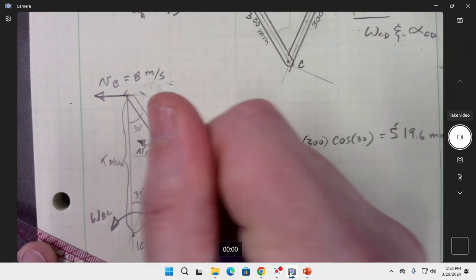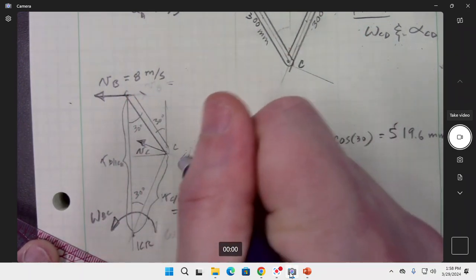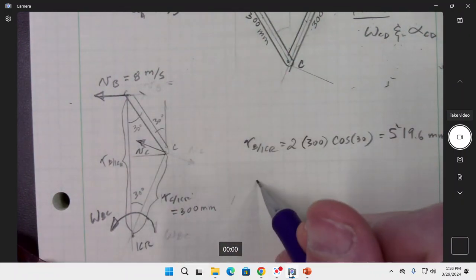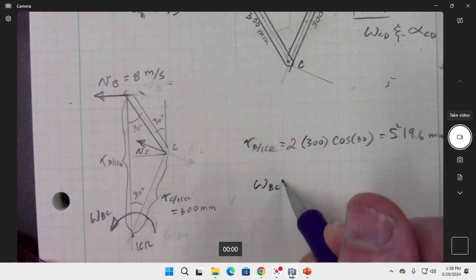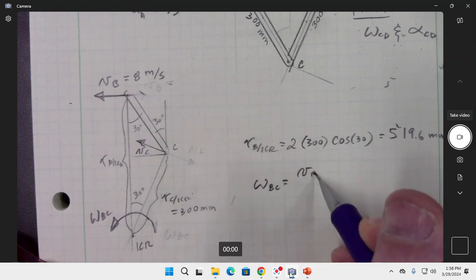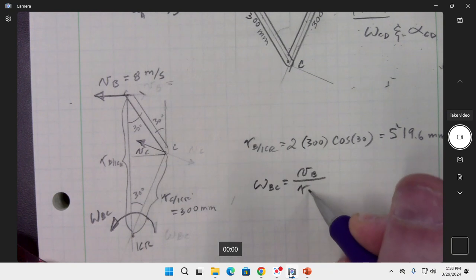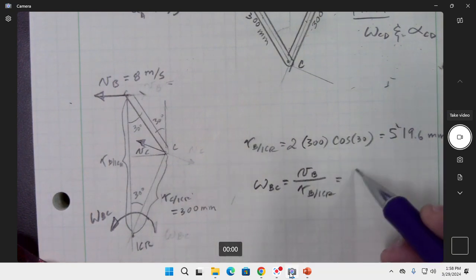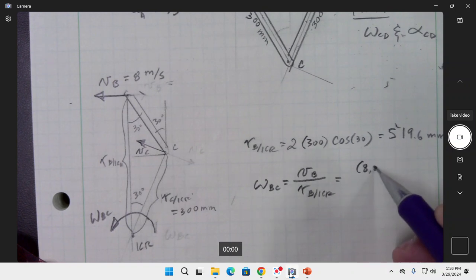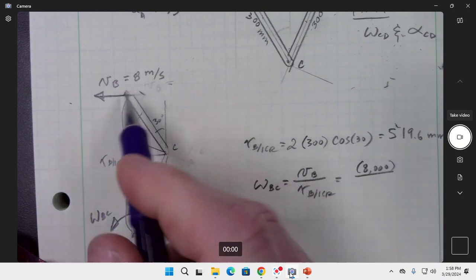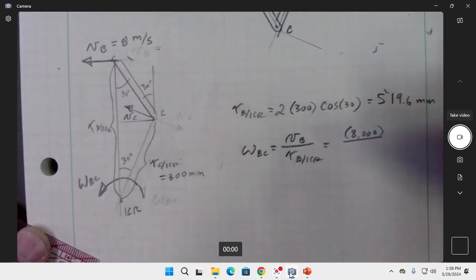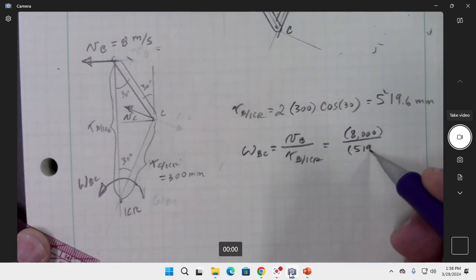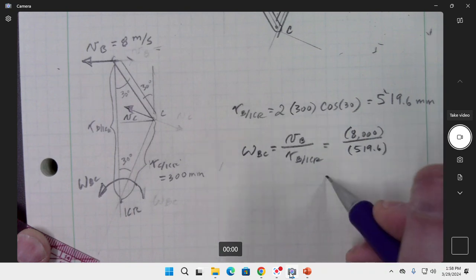This is your VC. So anyway, we'd have omega BC equal to VB divided by RB with respect to ICR. 8 times 1,000, so make that meters into millimeters, and divide it by 519.6.